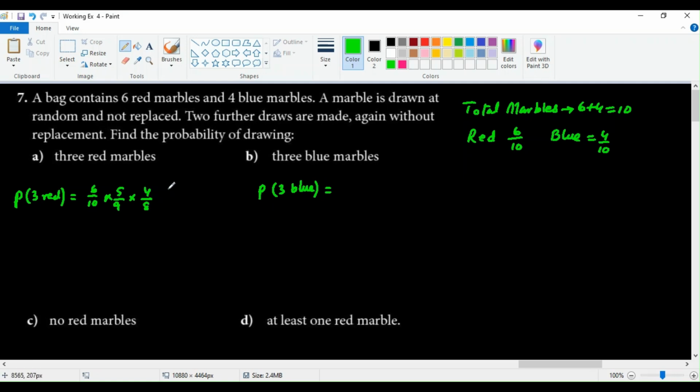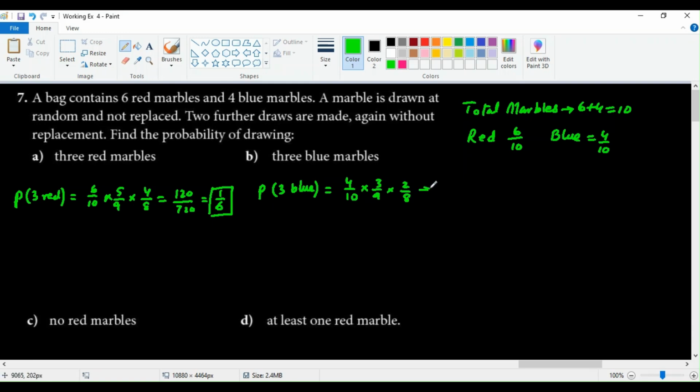So it's going to be 120 over 720. When they are divided by 120, we get 1 over 6. And this is the answer for the first part of the question. When it comes to blue, the probability is 4 over 10 first, then 3 over 9, then 2 over 8.